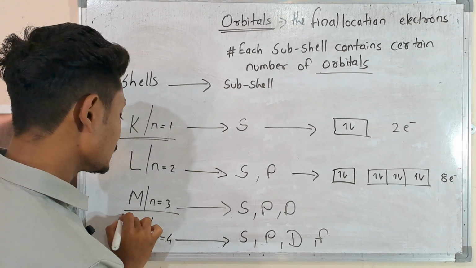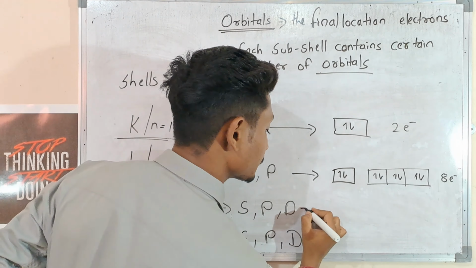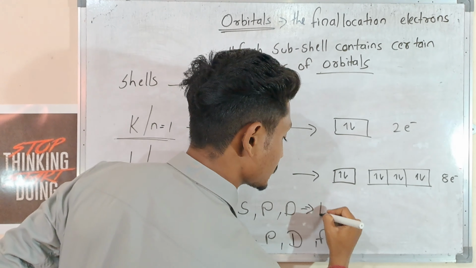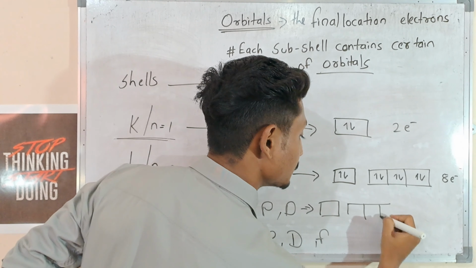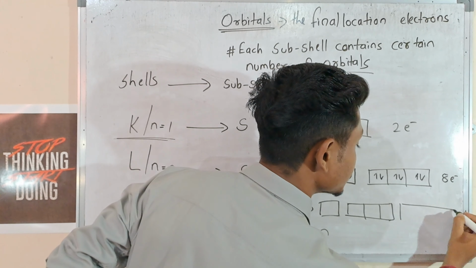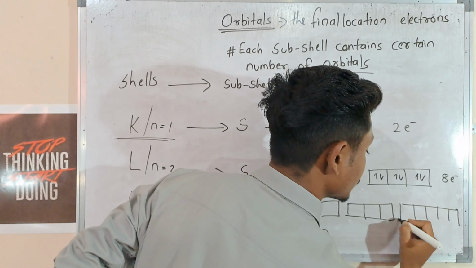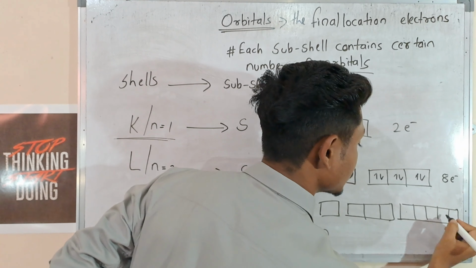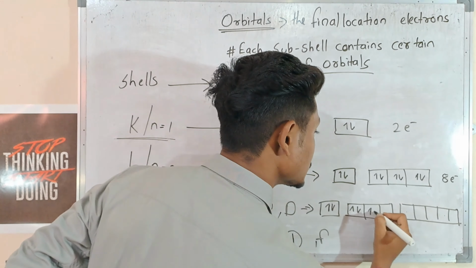Then the M shell contains three subshells S, P and D, which contain a total of 18 electrons.